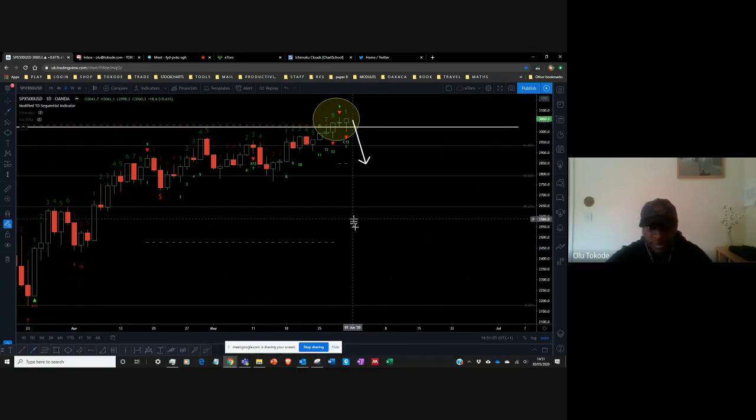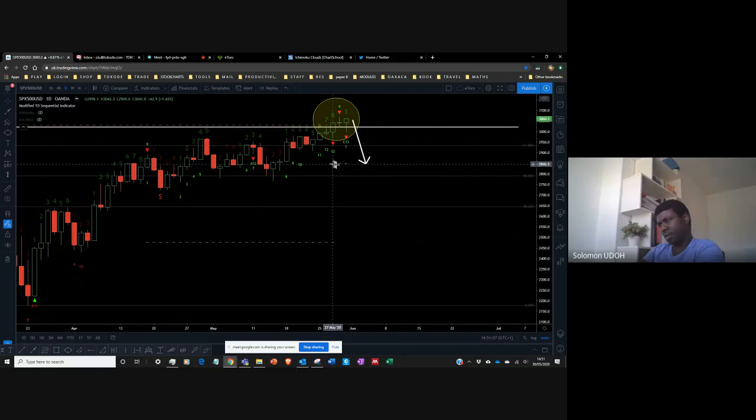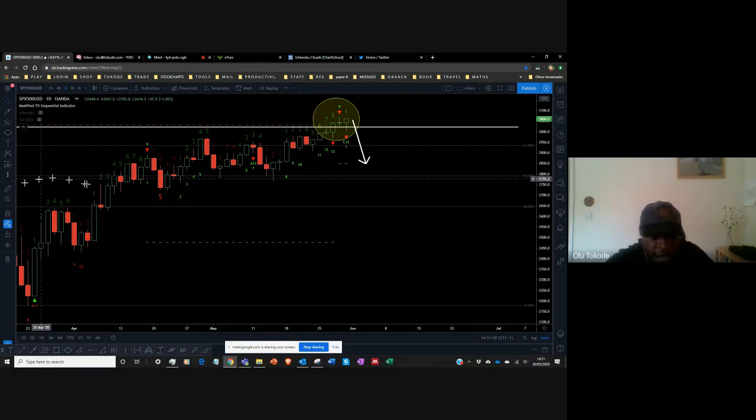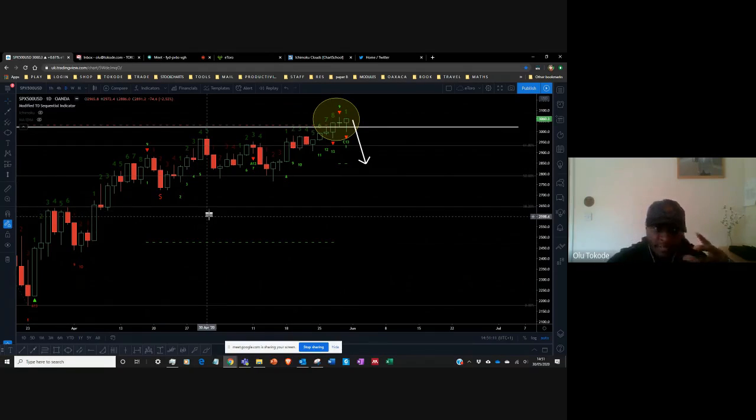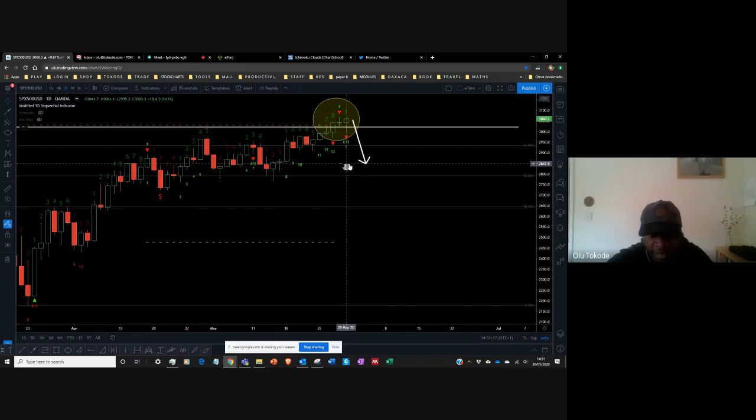Why that level? Because you can see this indicator has a way of identifying support and resistance as well. So this green dotted line that is just forming is the extreme of this move that we've had. If price pulls back, that indicator is saying expect a pullback down to this level.